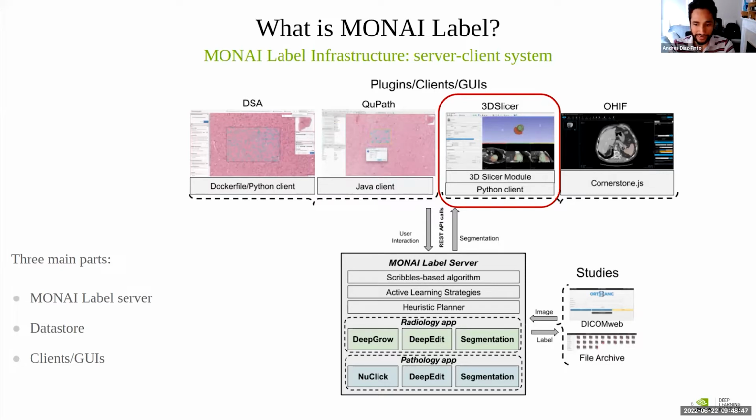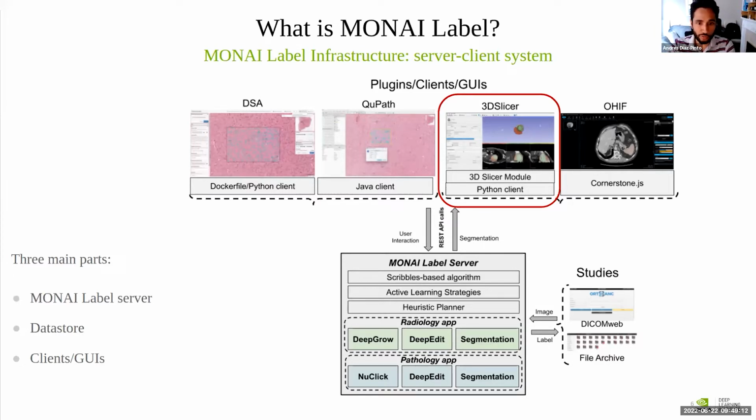The second part of MONAI Label is the data store. How does the MONAI Label server communicate with the studies or the images? Specifically for the radiology app, you can use the DICOMweb server, where you store the DICOM images, and you connect the MONAI Label server to that DICOMweb server. The other way is the file archive.